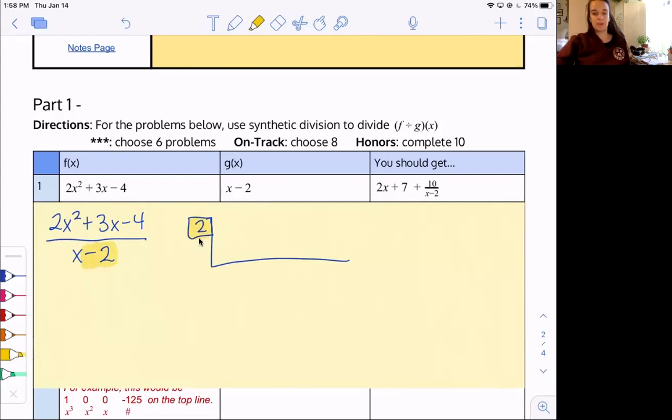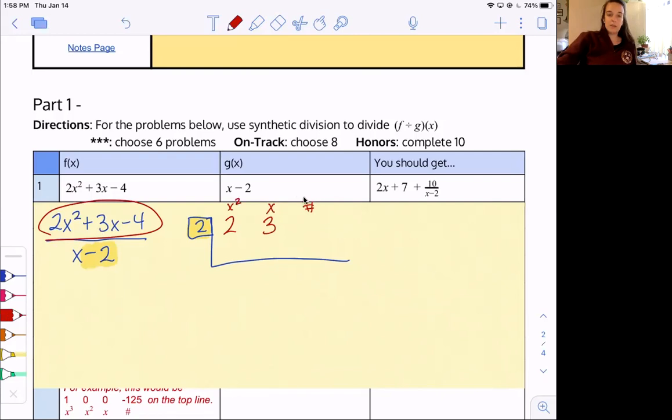All right, and then I need to put my coefficients here. So I'm going to work with these numbers here. So I have 2. If it's helpful to you, you can put x squared here. And then you can put, okay, I need an x, and then I need the number. So whatever x is, x goes with 3. So put a 3 right here.